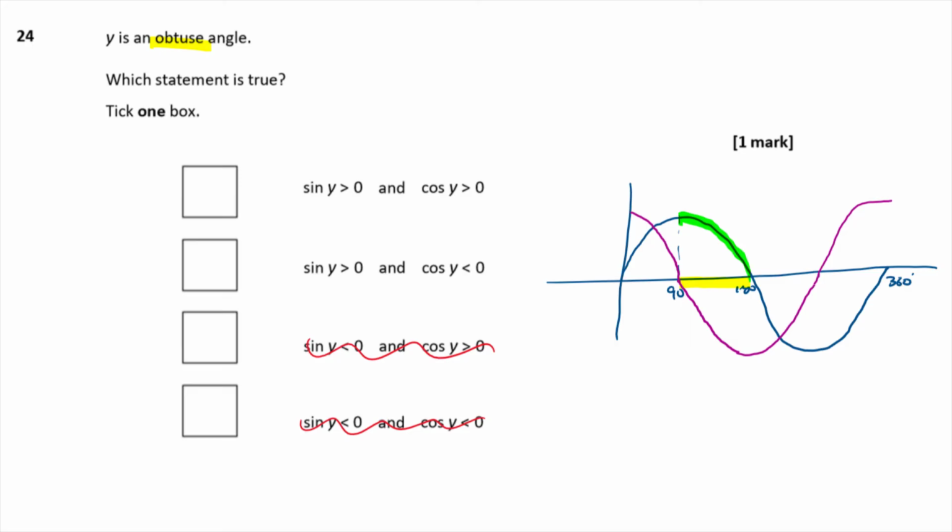Again the period we're interested in is from 90 to 180. You can see from that they are negative down there, aren't they? So sine is going to be positive and cos is going to be negative. So this one here is the box I'm ticking.